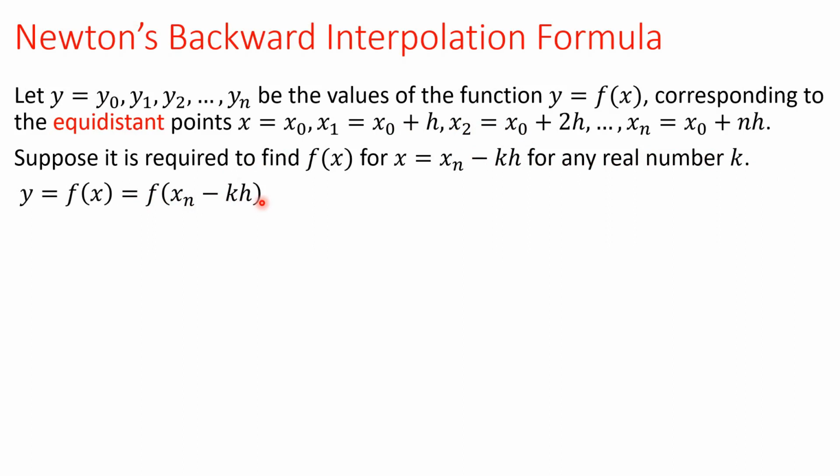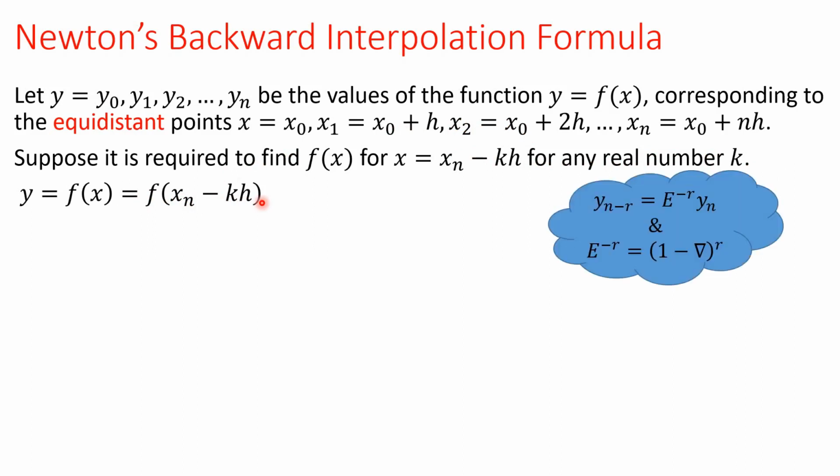Now we will require the relation between difference operators. So yn minus r is nothing but e raised to minus r operating on yn. This is a backward shift by r steps. And we have this relation between the shift operator and the backward difference operator: e raised to minus r is (1 minus del) raised to r, that we have seen in previous videos. For a minute assume that k is equal to 1.